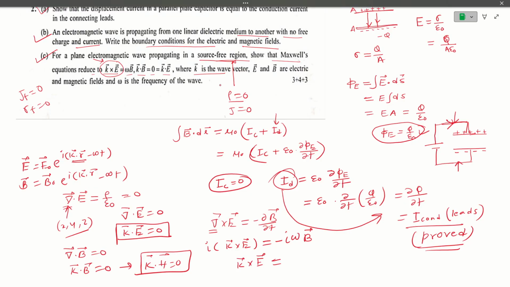There is a minus already, so minus into minus will be plus. So we get k cross E equals omega times the B vector.